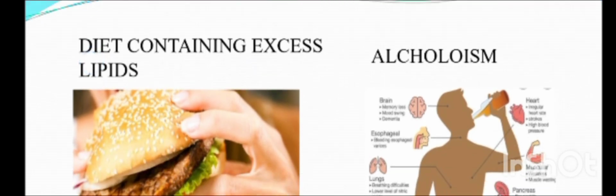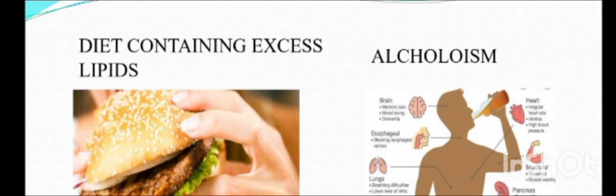Diet containing excess lipids is another risk factor for stroke. Excessive lipids, fats. If your diet has a disproportionate amount of fat, and especially the bad cholesterol, the bad fat, the bad ones which we are not supposed to eat, if that is more in your diet, then this is again a risk factor for stroke.